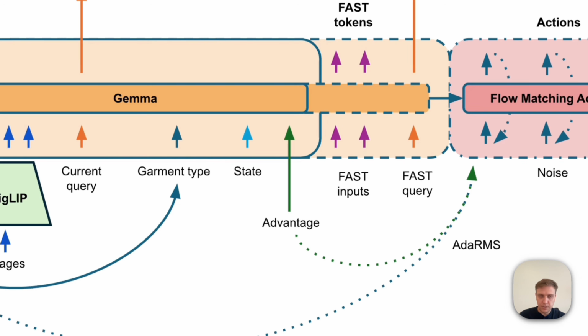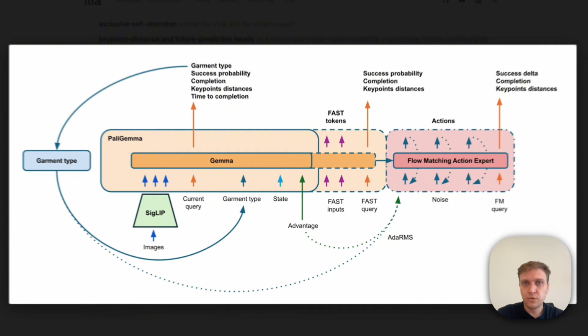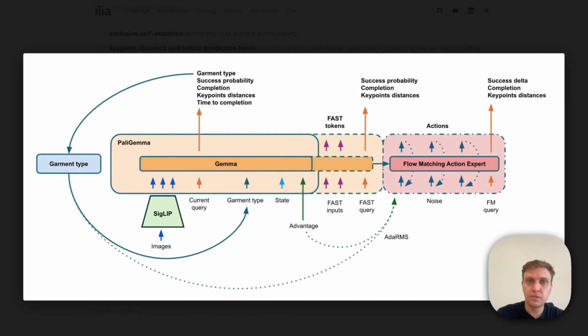So basically, it means that I can tell my model not just predict any action chunk, but predict the action chunk with high advantage. Or simply predict the action chunk that is, let's say, better than average. And again, advantage computation is a very big part of today's video. And also this advantage input will be used for classifier-free guidance that we'll discuss in the inference optimization part of the video.